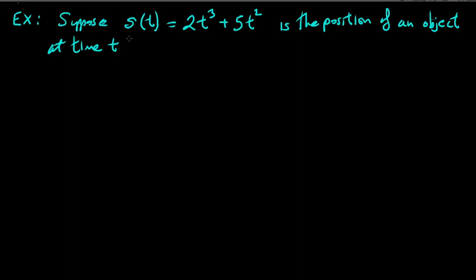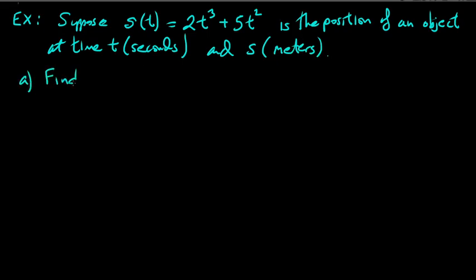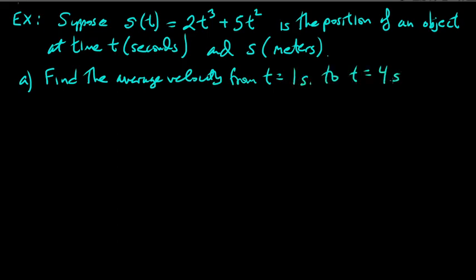Let's say t is in seconds, and let's say s, position, is in meters. So, first question, let's find the average velocity from t equals 1 second to t equals 4 seconds.